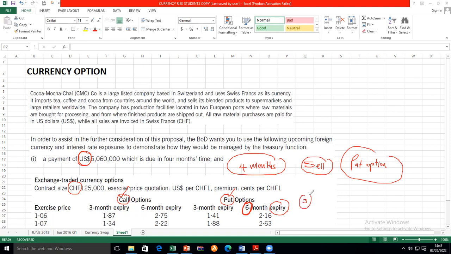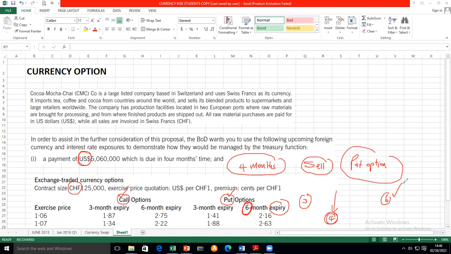We've got an option which expires in 3 months. Another one expires in 6 months. Your transaction is here in 4 months. So which one expires after 4 months? The 6 months.